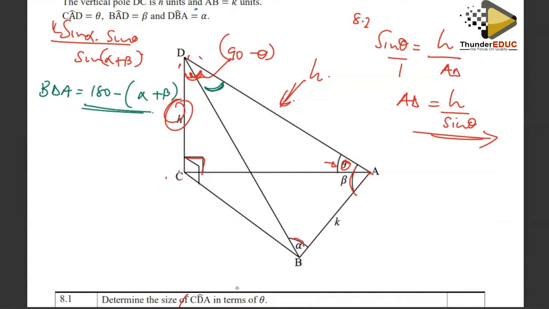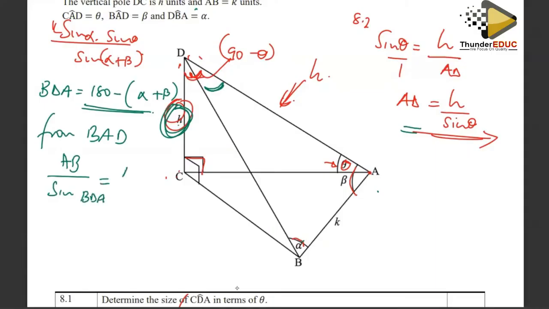Then I can use, because I already have my representation of h by 8.2, the triangle BAD. Okay, from BAD, let's use the sine rule and say that AB over the sine of BDA should be equivalent to AD over the sine of DBA.